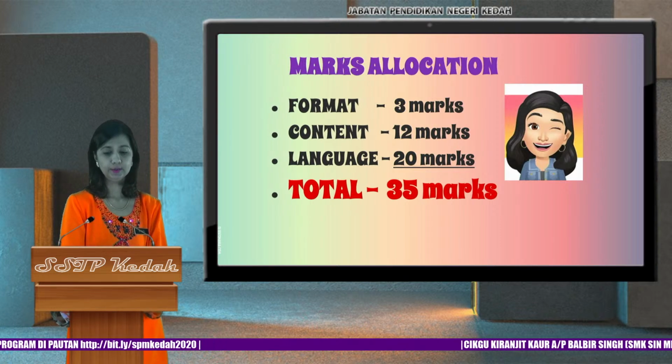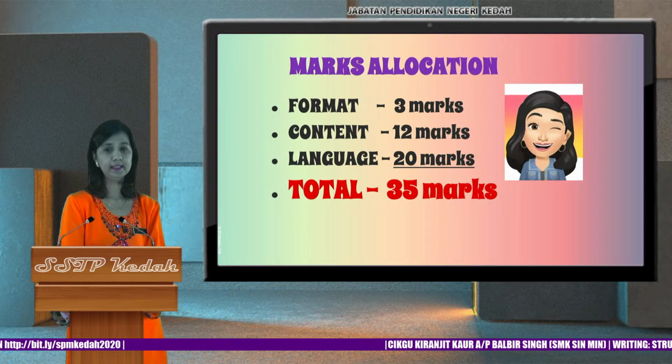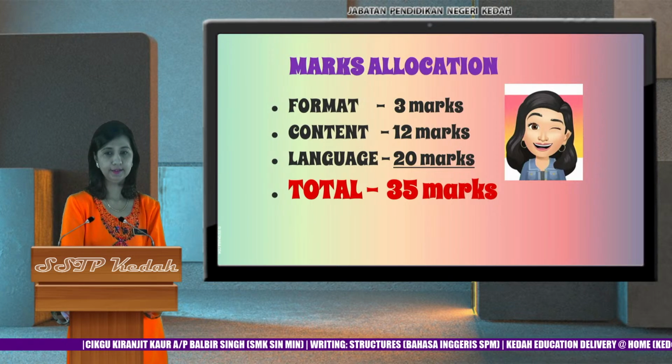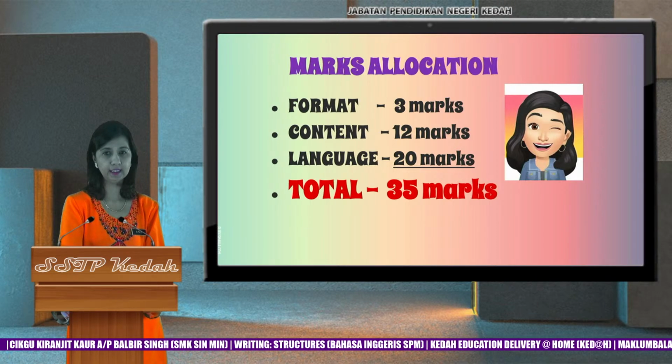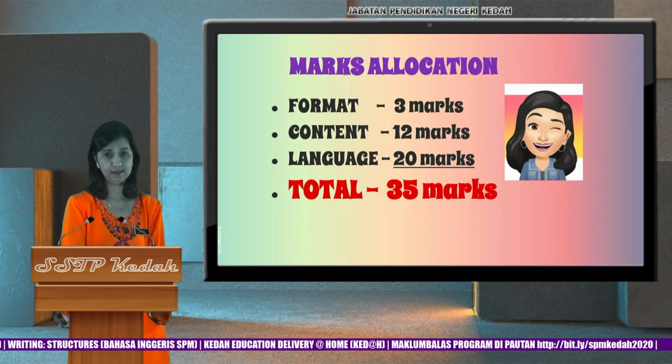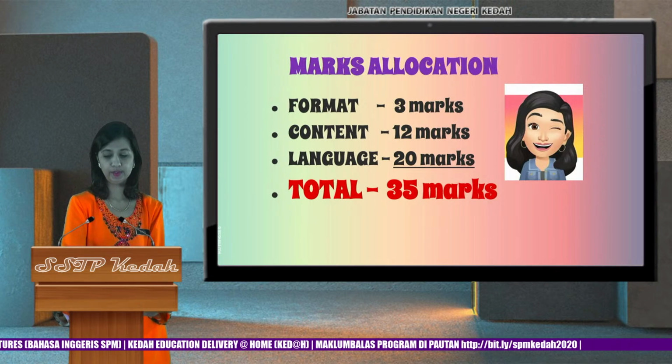So no matter what, format plus content is 15 marks, and the language is 20. So if you're able to write something, definitely you will get some marks for language. So today I'm here to help you improve on your language marks.